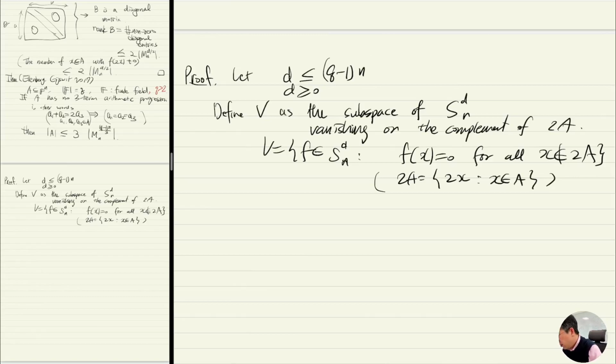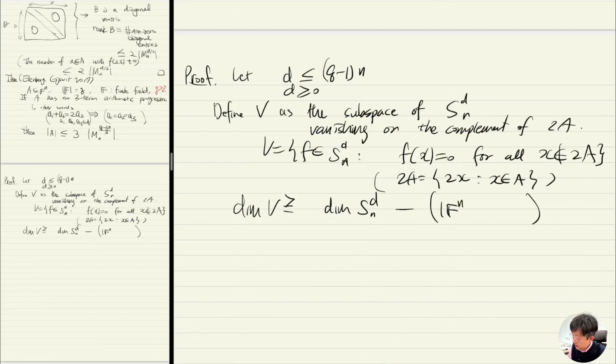So what is the dimension of V? The dimension of V is at least the dimension of the whole space, which is the dimension of S_{n,d}, minus the cardinality of the set F to the n minus 2A. Right? Why?